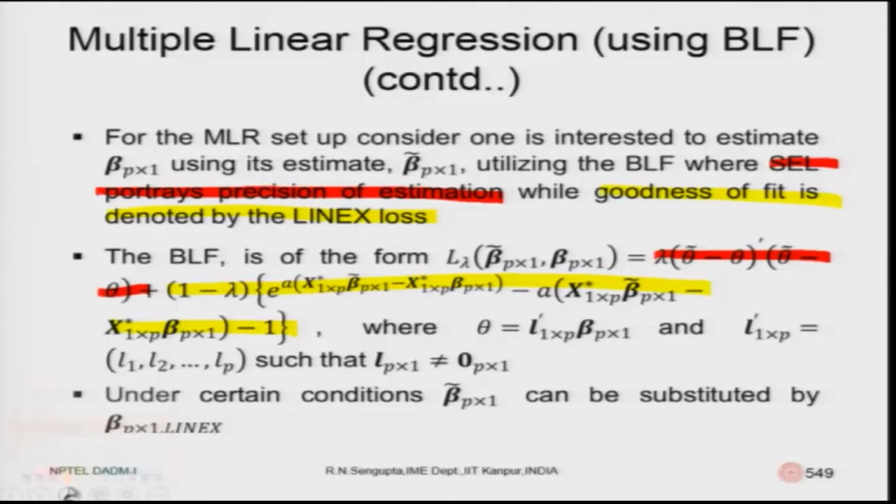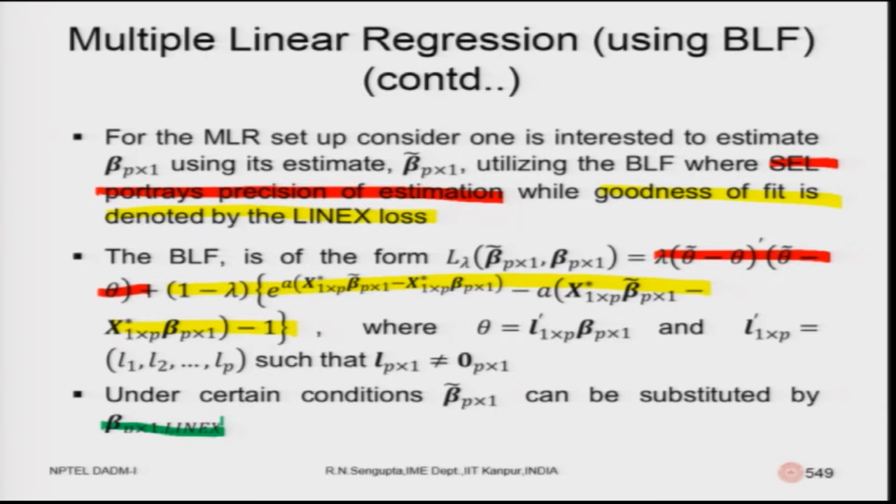And so under the condition, again theta is basically the multiplication of L into beta in either column or row vector format, and not all L values can be 0, and here also you can substitute beta with beta tilde, where beta tilde is now basically from the Linex loss.